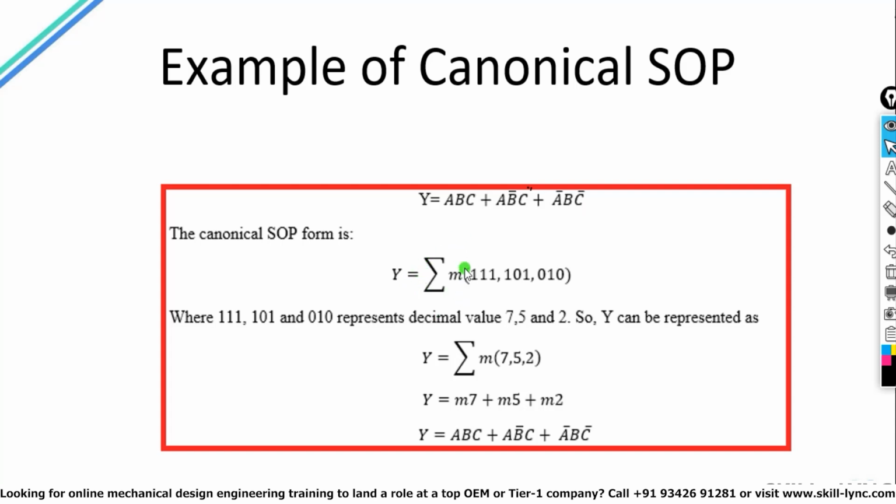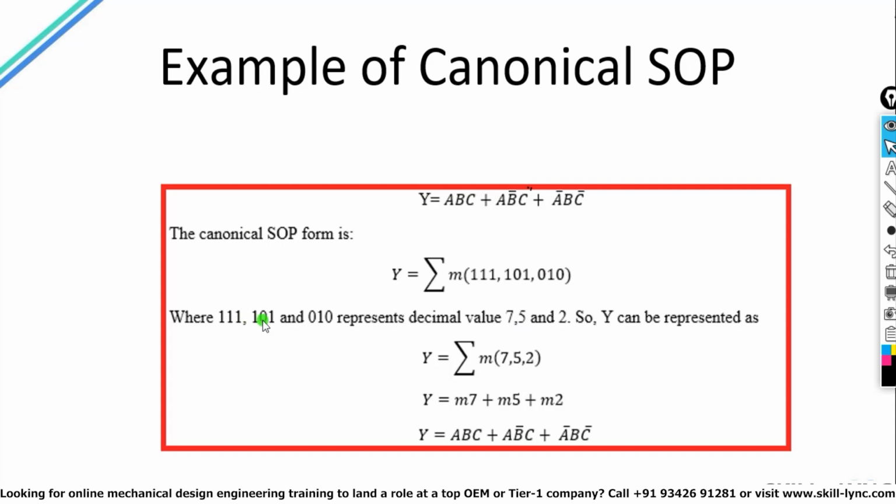As I have told you, small m is the symbol of minterms and sigma means we are taking the summation of all the minterms. How to find these values? Where the normal form is there, put 1. Where the complemented form is there, put 0. So it is 1 1 1, 1 0 1, 0 1 0.